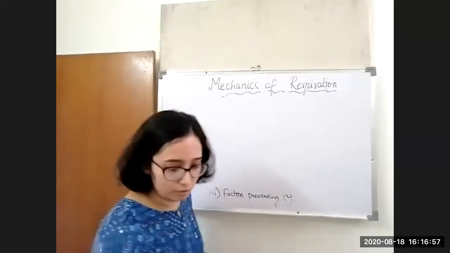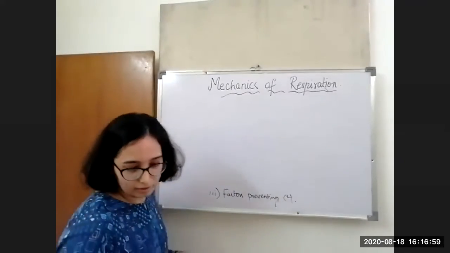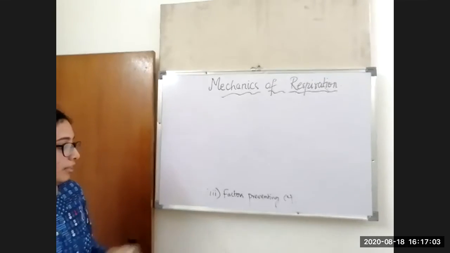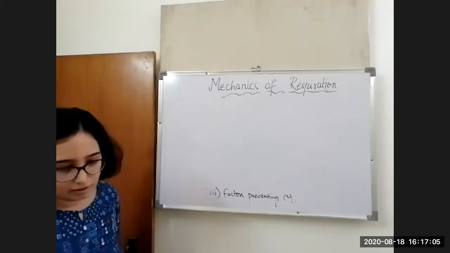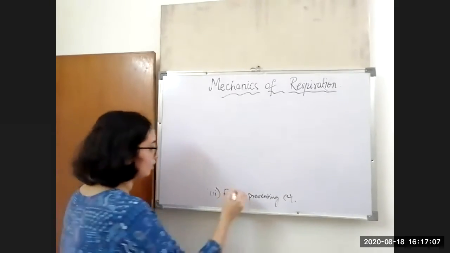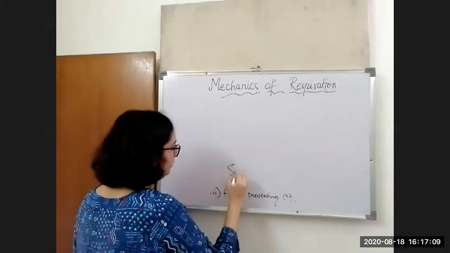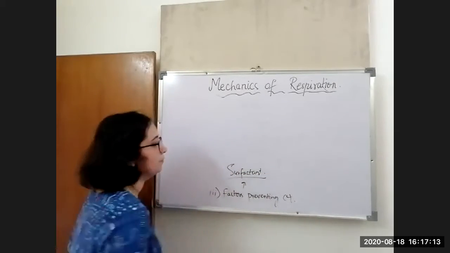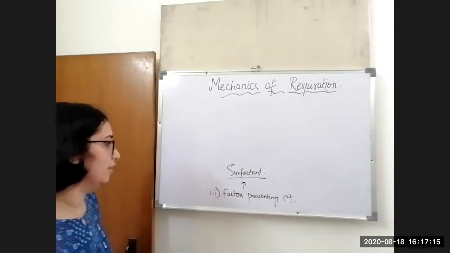So now we'll see that. What are the factors which prevent the collapsing tendency? This is your surfactant. Mainly it is your surfactant.